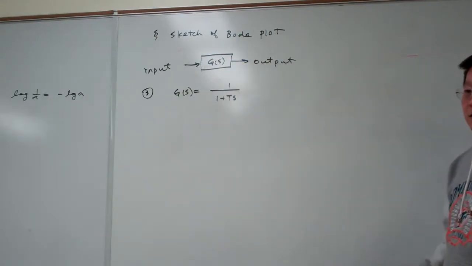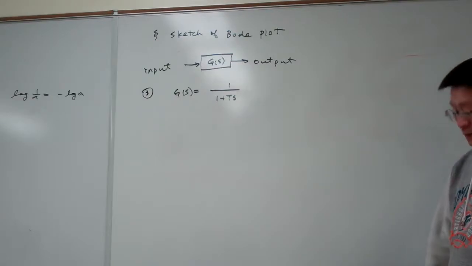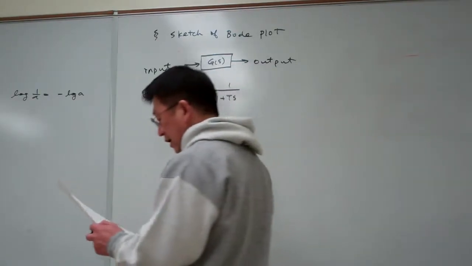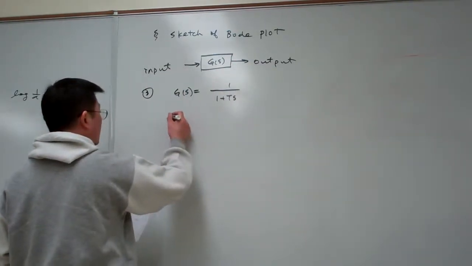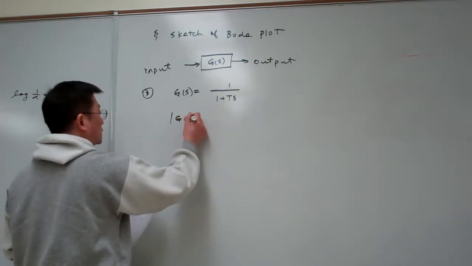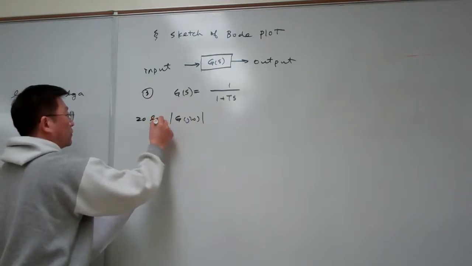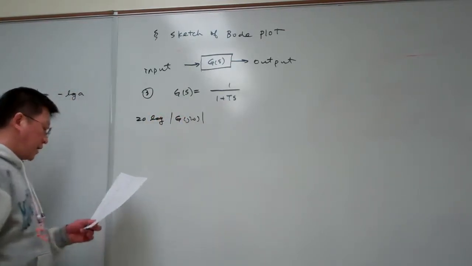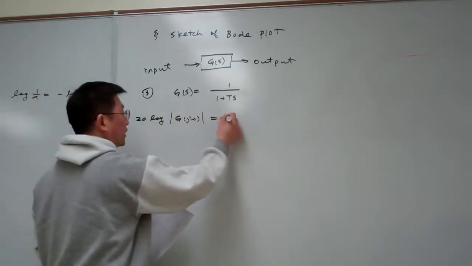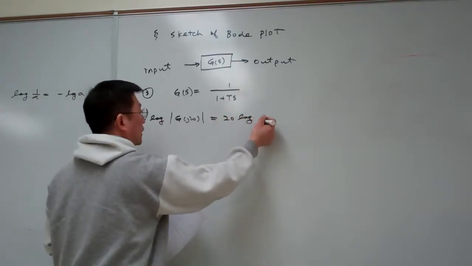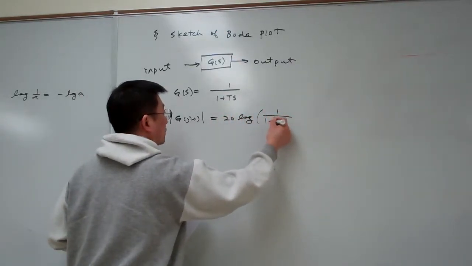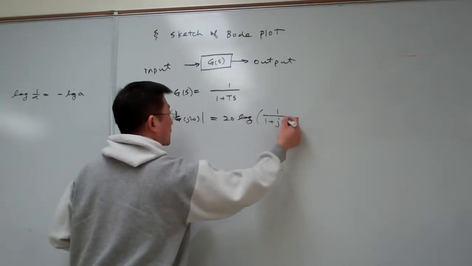Okay, so that is a first order linear system. So now we simply calculate. Here we calculate G(j omega), and then we put it into the decibel calculations. Okay, so basically we plug in 20 log, and that one is 1 plus j times T omega.